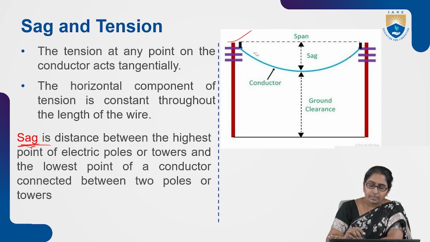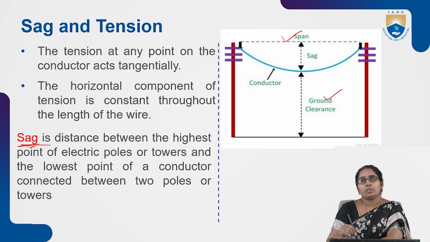In the diagram, we see a few more terms, like ground clearance and span. What is ground clearance? The distance between the ground, where the poles or electrical towers are placed, and the lowest point of the conductor is called ground clearance.